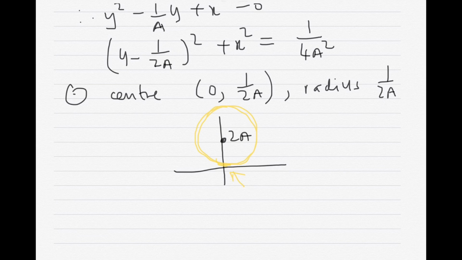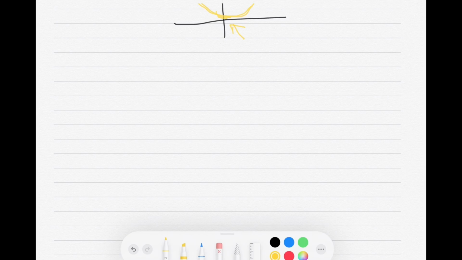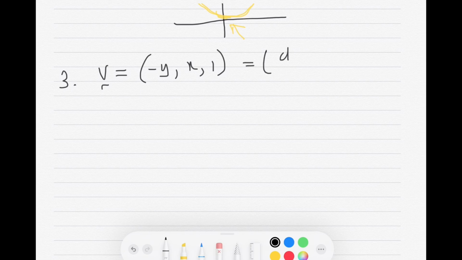Okay, so let's do an example in 3 dimensions. In example 3, we say the vector field V has 3 coordinates, so there'll be a third variable involved. Suppose V is minus y, x, 1, and of course this equals dx/dt, dy/dt, dz/dt.